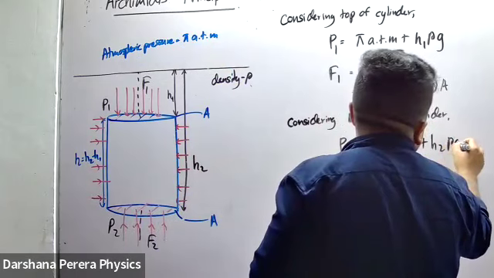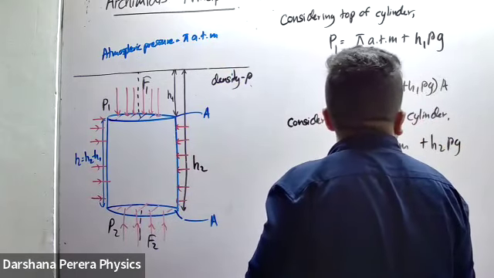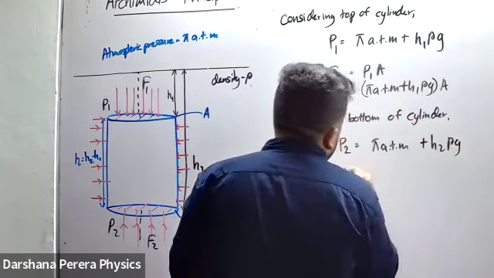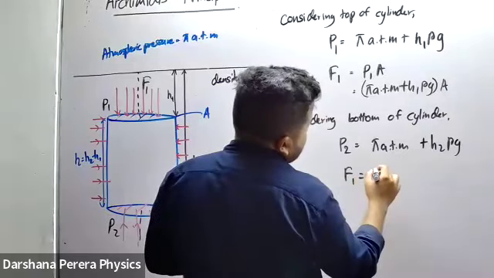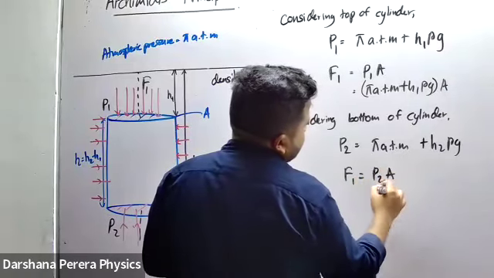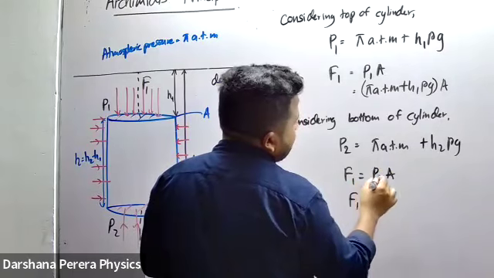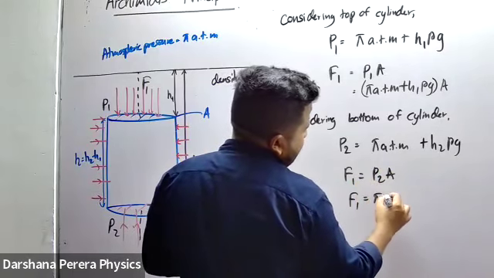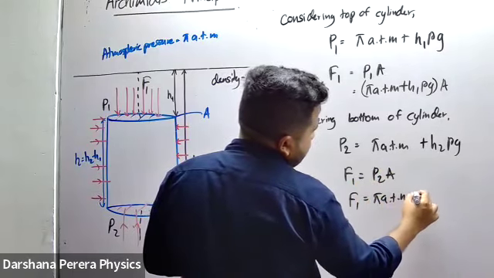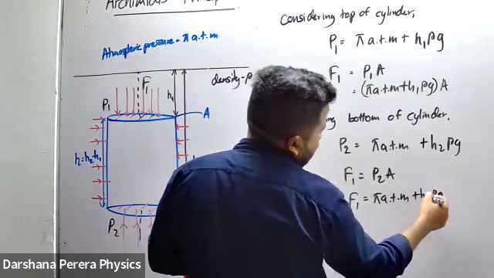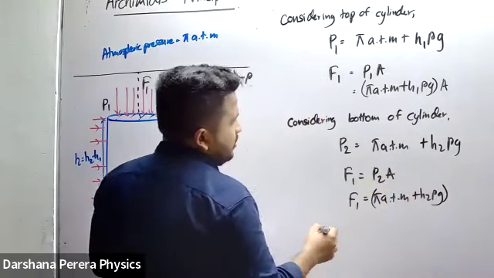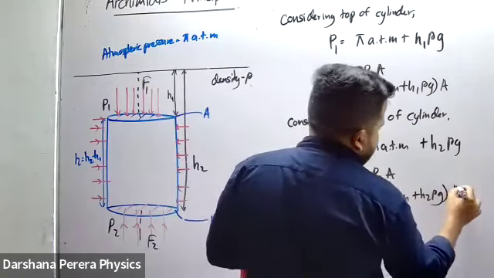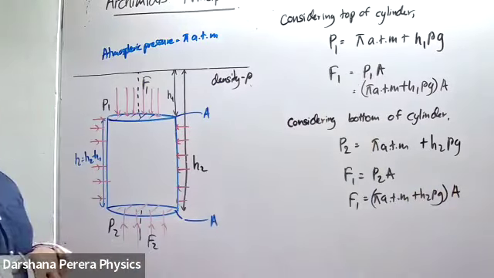Okay. Therefore, F1 equals to what? P2 into A. F1 equals 5 ATM plus H2 rho G into A. Okay, write down.